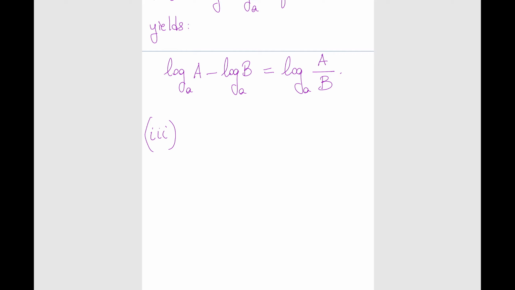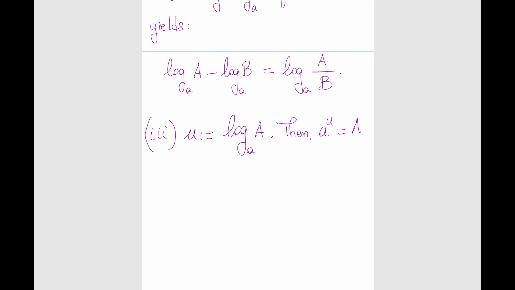Let's start as we started in part 1. Let's call U to be log base A of capital A. And what does this mean? This is equivalent to saying that A to power U is equal to capital A, right?